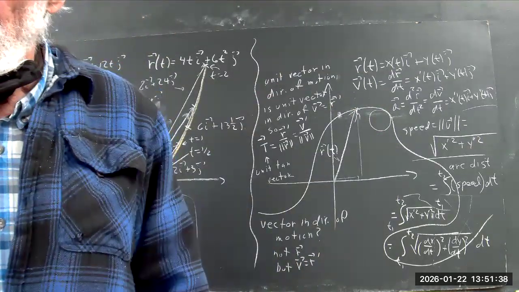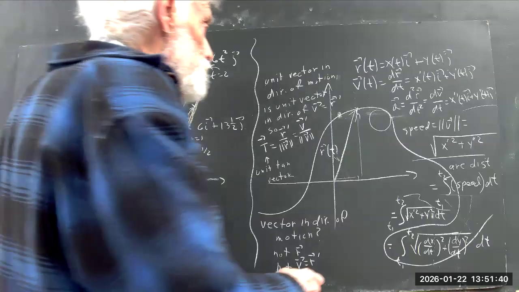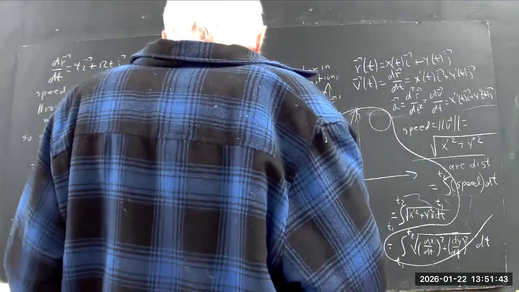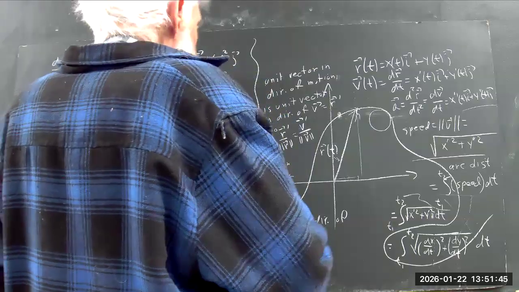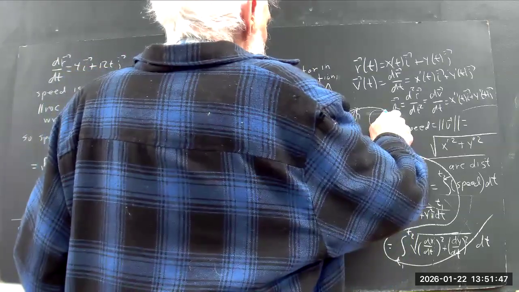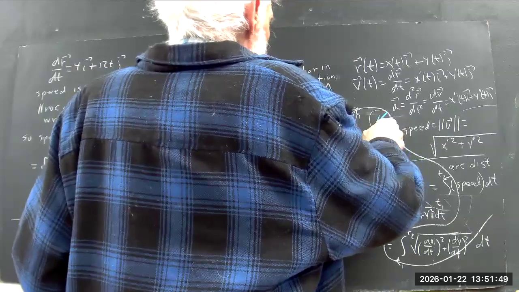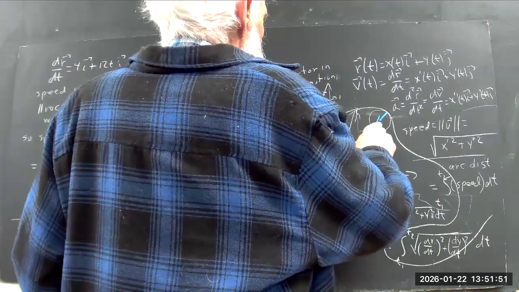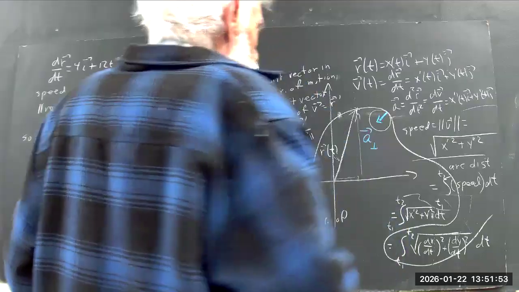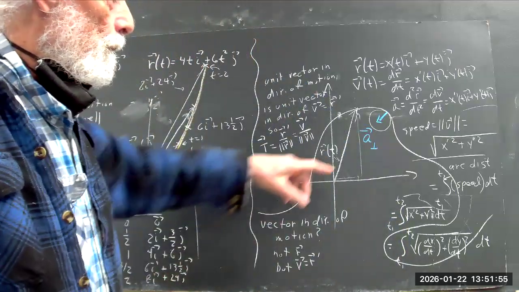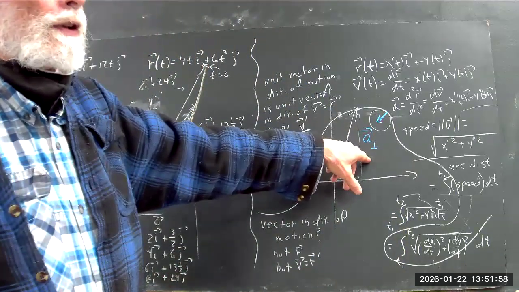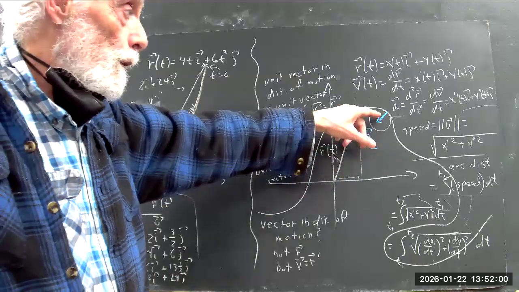It's on the inside of the curve. So here is centripetal acceleration, which I call the acceleration perpendicular to the curve.